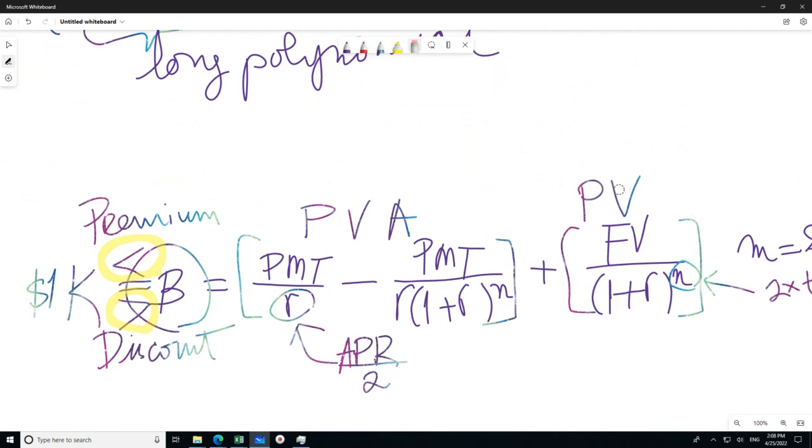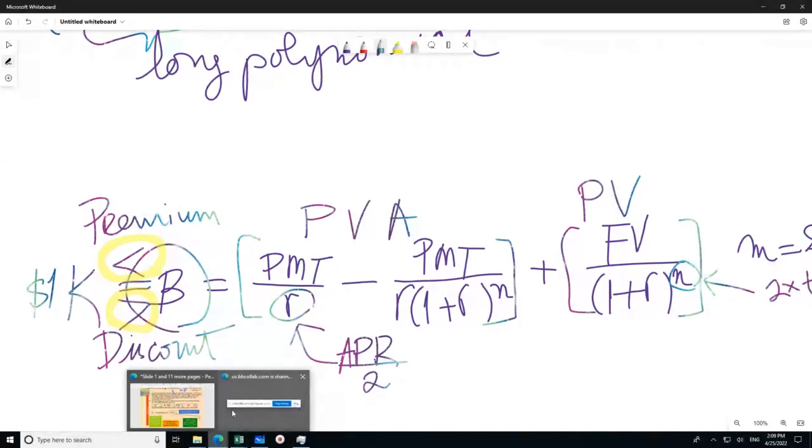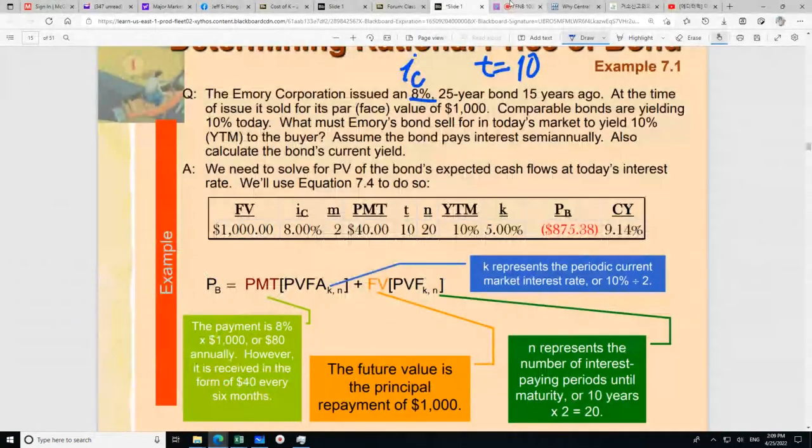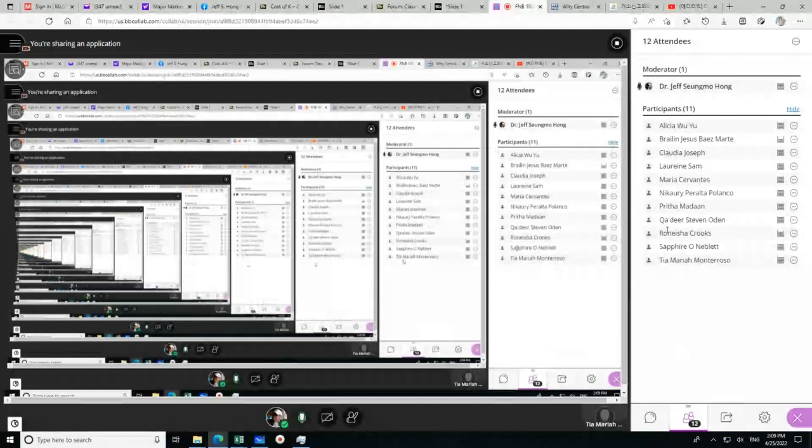Does anyone remember what makes a bond a premium bond? No one? It's so awfully quiet. I have 11 people in here, and everyone is so quiet. Anyone? No one remembers?